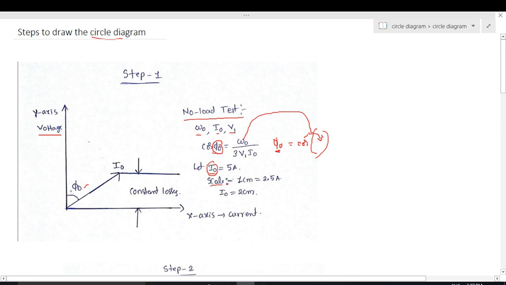With an angle phi naught, we should draw I naught, with a length of 2 centimeters. And from this point, draw a parallel line to the x-axis. This indicates constant losses. This is the first step to draw the circle diagram.